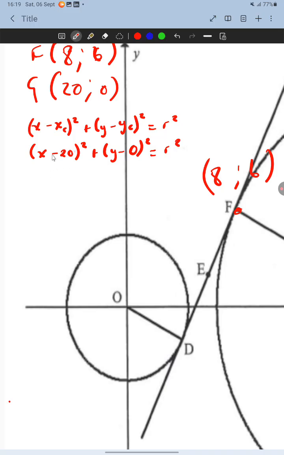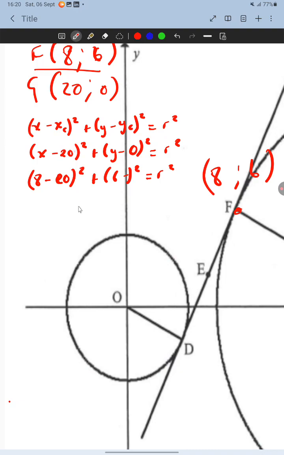So we can first find the value of r by substituting the values that we have here. So that would be 8 minus 20 squared, plus 6 minus 0, so 6 squared, equals r squared.